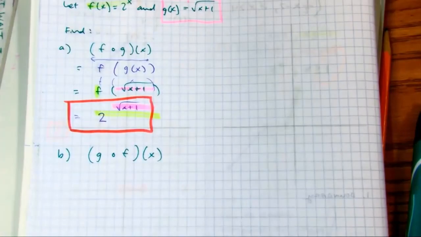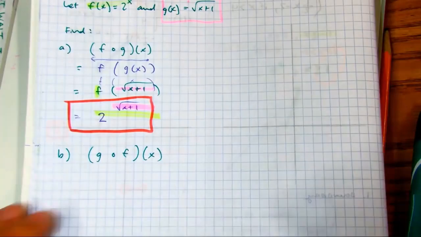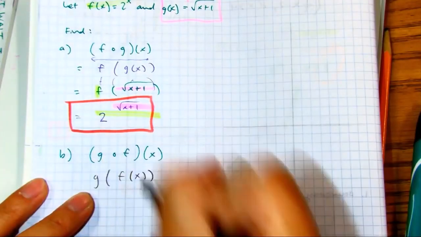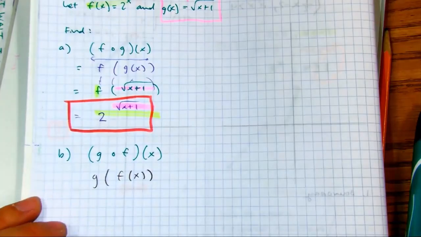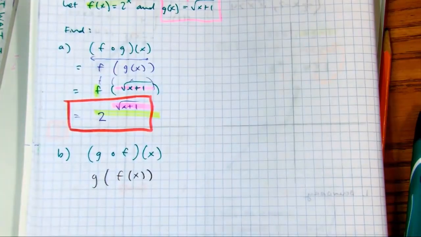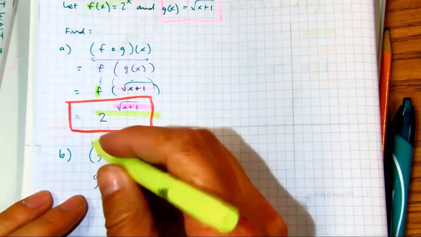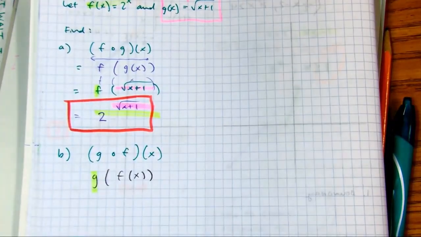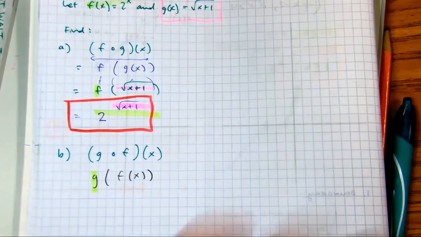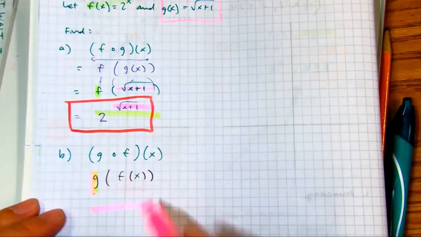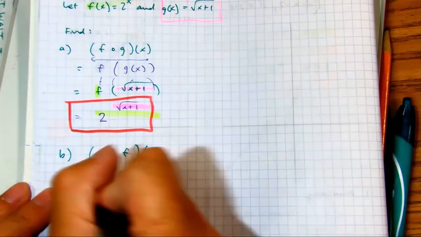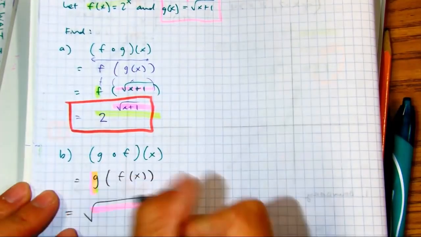Girls, tell me how to write this in student-friendly. Okay, girls. What is your g? Square root of x plus 1.